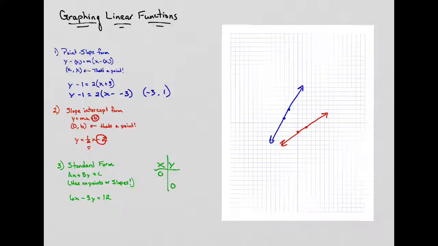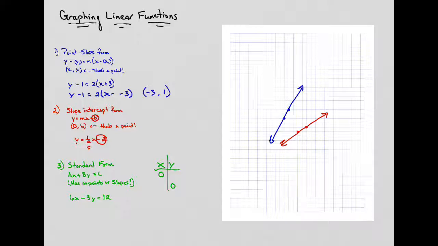If I plug a 0 in for my x, and then I go and find the value that's going to be my y value when I plug a 0 in for x, then I can have my y-intercept.